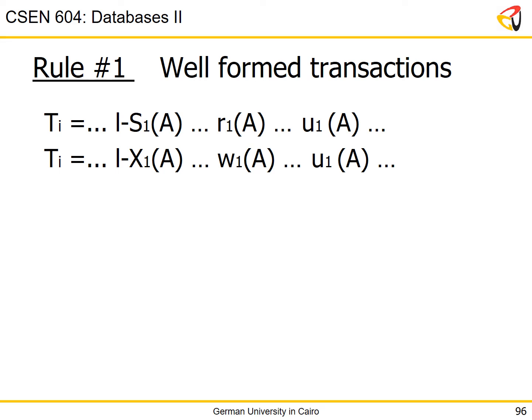Now again, the assumption is we have well-formed transactions, which means the insertion of these locking statements is done properly by the database engine scheduler. When it requests a shared lock, it will release it after the reading, and when it requests an exclusive lock, that means we're going to do a write, and it will release it after as well.